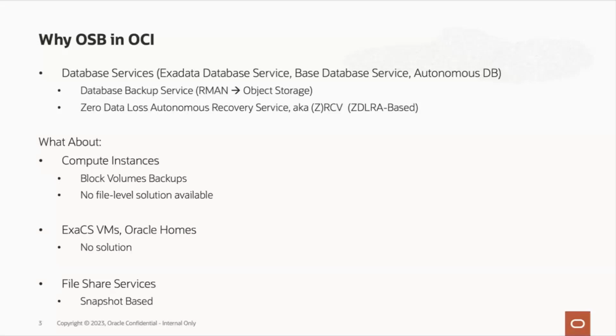On OCI Compute, you can, through the service itself, create block volume backups, but you have to manage those backups individually in each compute instance, first of all, and also, there's no file level protection. There's no file level catalog information. You cannot browse and search a catalog.